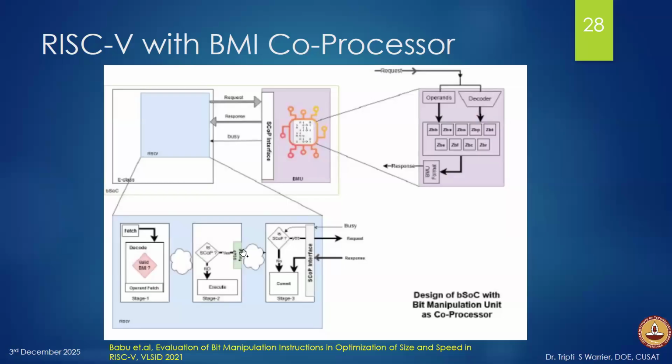But if it is a bit manipulation instruction that has to go through SCOPE, then it will be communicated to the hardware as a request to your coprocessor, and after the coprocessor performs the action, a response will be available and intimated through the interface itself, and then you can progress with the rest of the instructions. So this is how a coprocessor implementation looks.